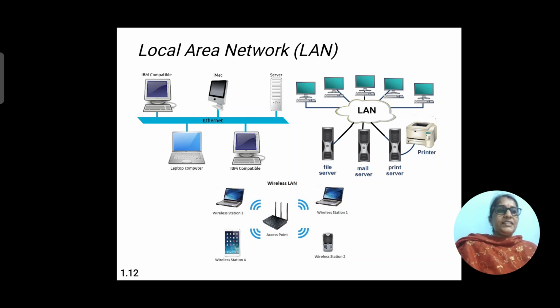Again, in the third figure, we have a wireless connection to which we are connecting 3 wireless laptops, and wireless station 2, wireless station 4, and wireless station 1 and 3. As I told, in a college, if we install internet in the office room, all the computers of the college connect to the internet.